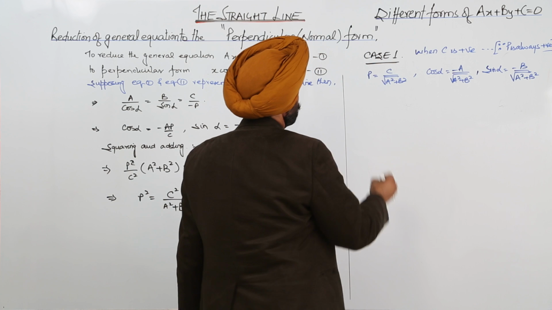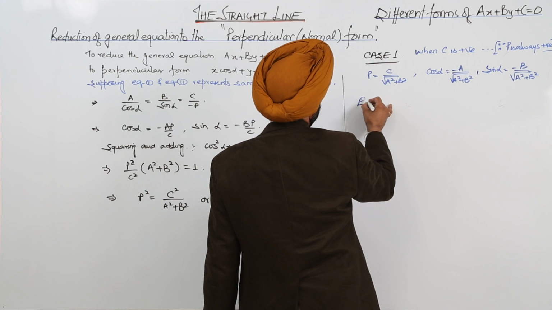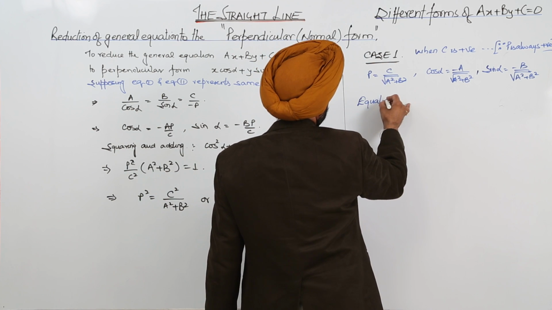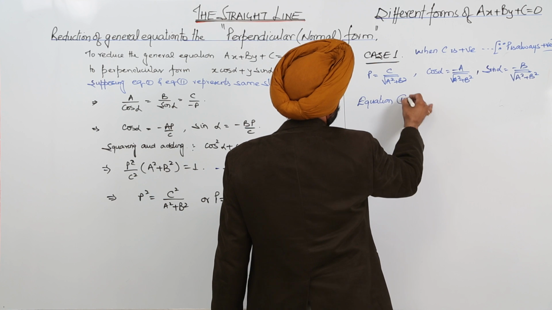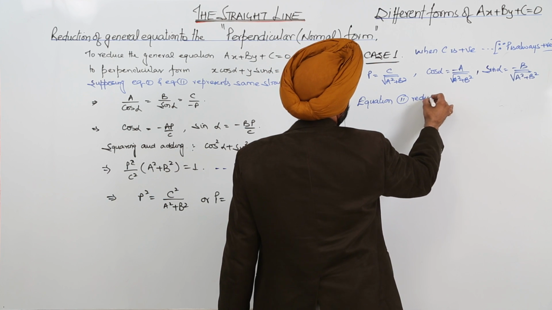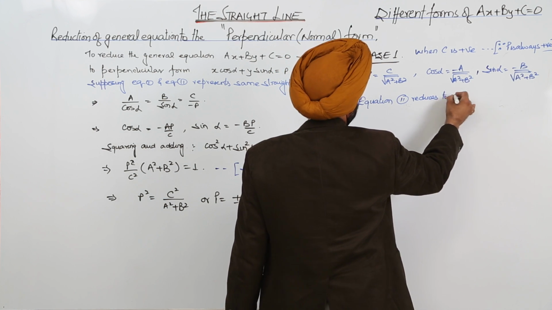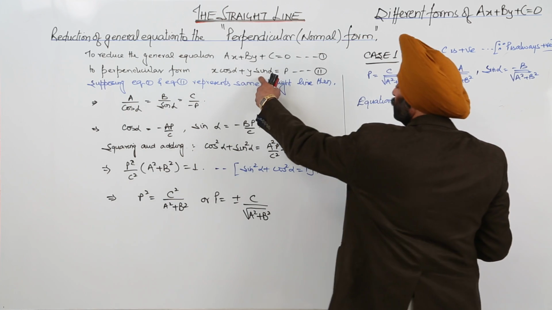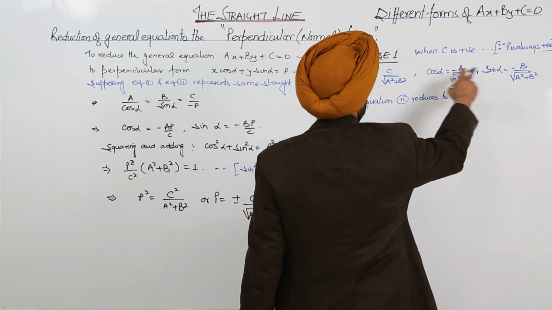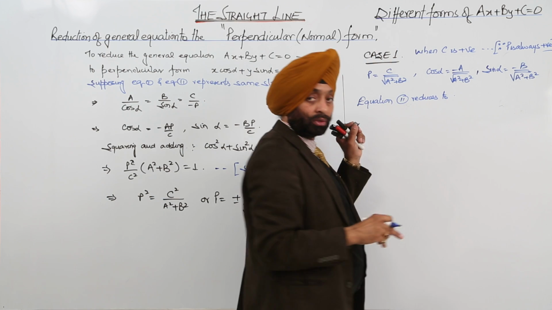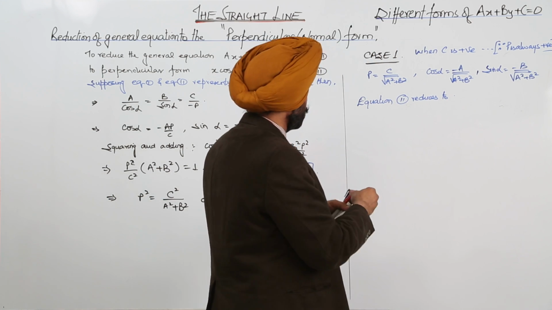Now equation 2 is this one. We are putting the values of cos alpha and sin alpha in this equation.